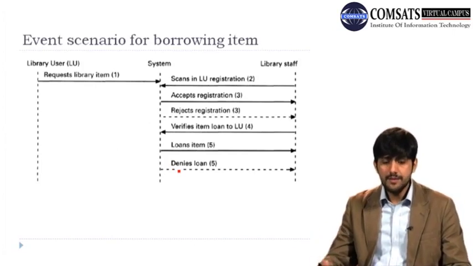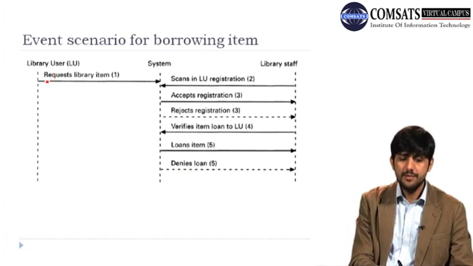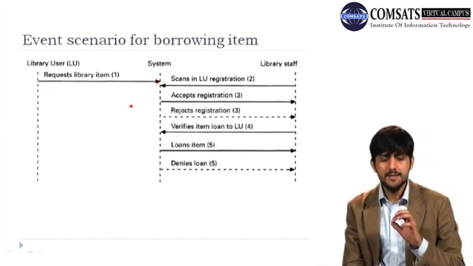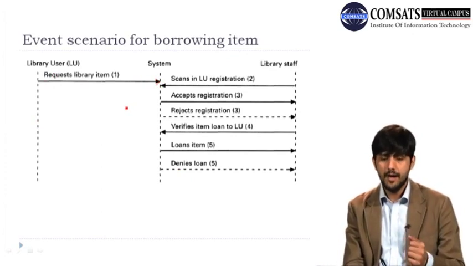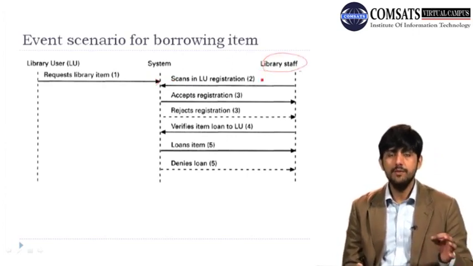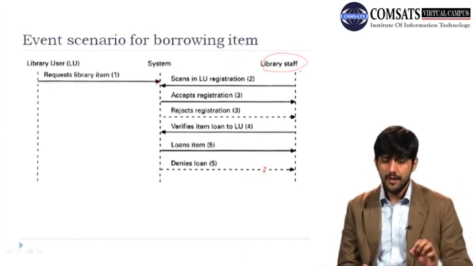So event scenarios. What are the event scenarios for browsing items? For example, we have this library user. The first event that he would generate to the system is that he would request a certain library item, and then the library staff would first of all try to validate that particular user, whether he is a valid user or not.